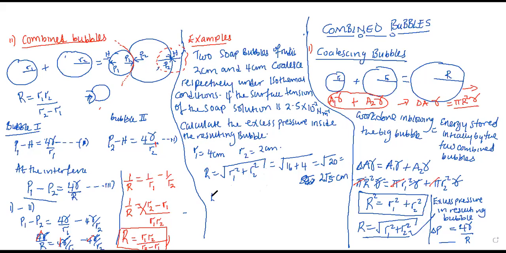So excess pressure, remember, is given by what? It's given by 4 gamma over big R, which is 4 times gamma, because it's already soap, that's why we have the 4, times 2.5 times 10 power negative 2 divided by 2 root of 5 times 10 power negative 2.